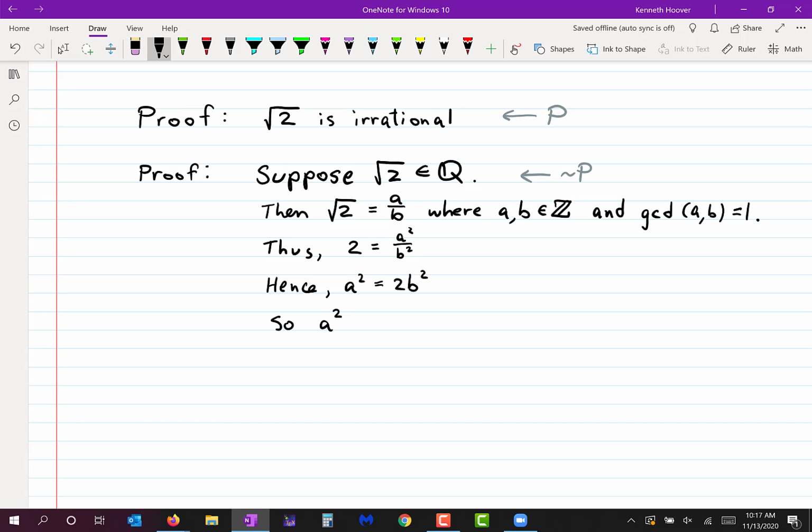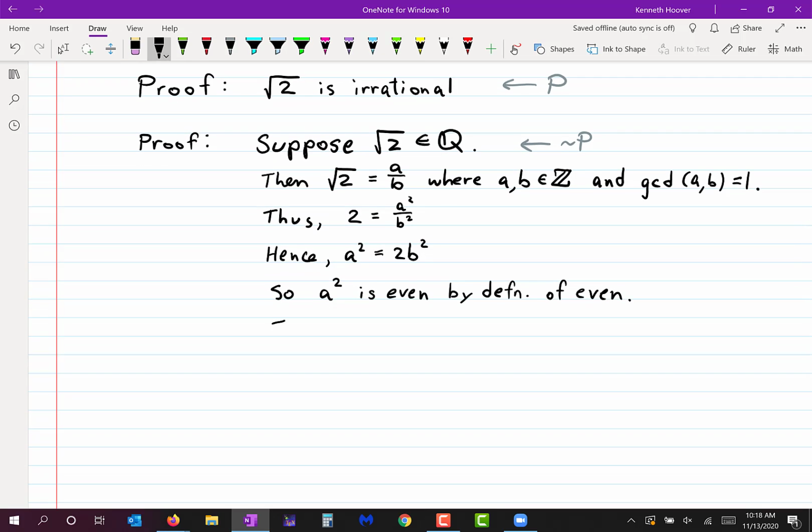So I write, so a squared is even by definition of even. Okay? Now, since a squared is even, that means that a is even.